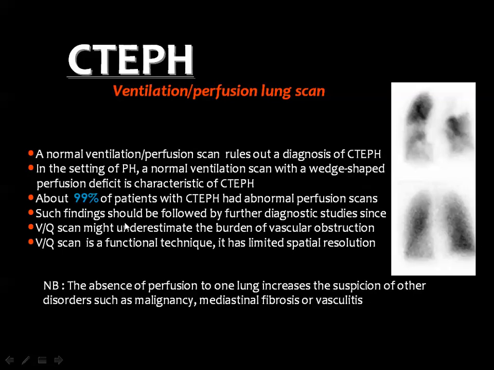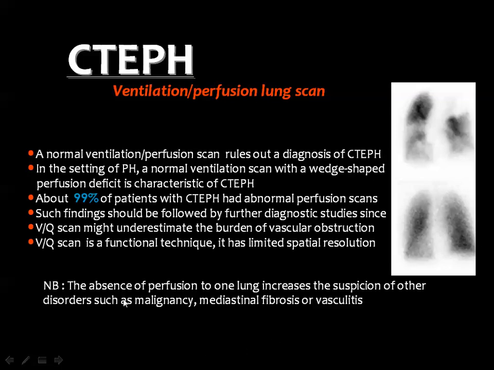About 99% of patients with CTEPH, or chronic thromboembolic pulmonary hypertension, have abnormal perfusion scans in the form of multiple perfusion defects, which of course do not match the ventilation scans.